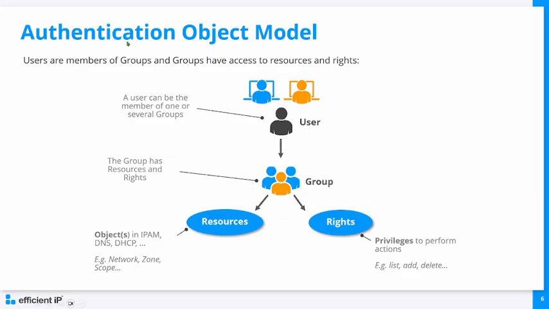Again, for authentication, you have an object model. You have user, so you must create user. The user can be local user, the user can be external user. Are you clear? So you must have user account. Now, of course, you must have a group. So you have to create a group.